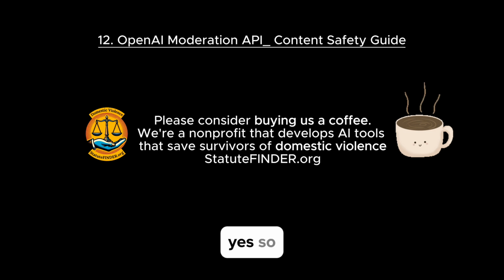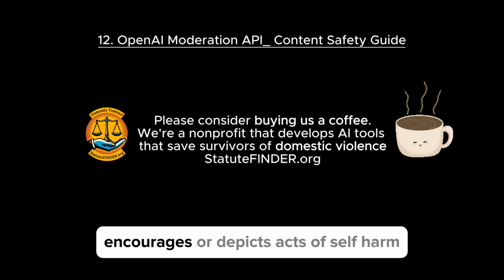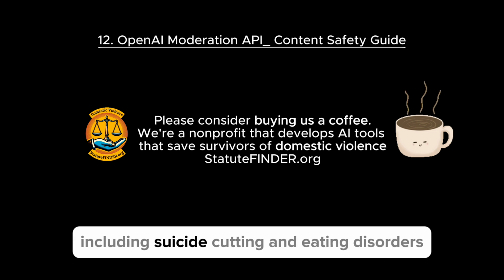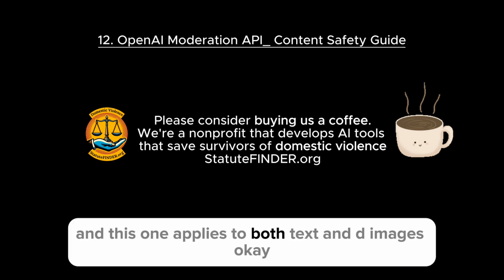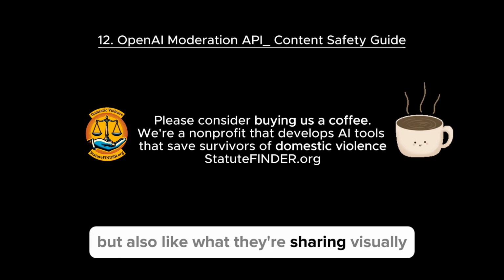Is that covered? Yes, the self-harm category is dedicated to content that promotes, encourages, or depicts acts of self-harm, including suicide, cutting, and eating disorders. And this one applies to both text and images. That makes sense. It's not just what people are saying, but also what they're sharing visually.